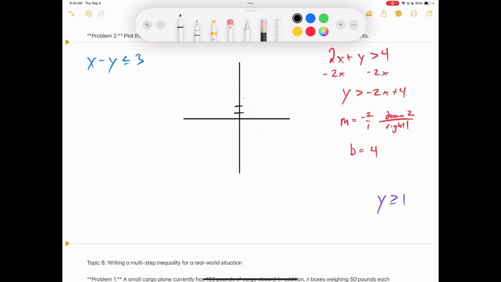So 1, 2, 3, 4. So I start at 4. And I go down 2 to the right 1. This is greater than, so I'm going to do a dashed line because it's not equal to.